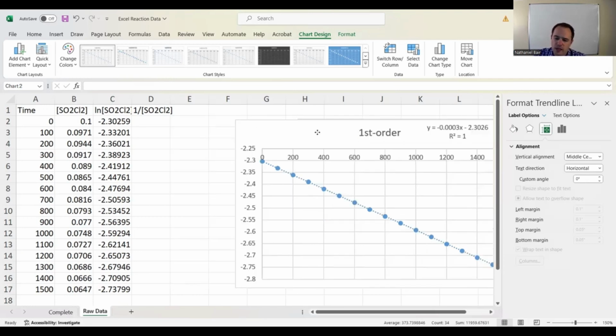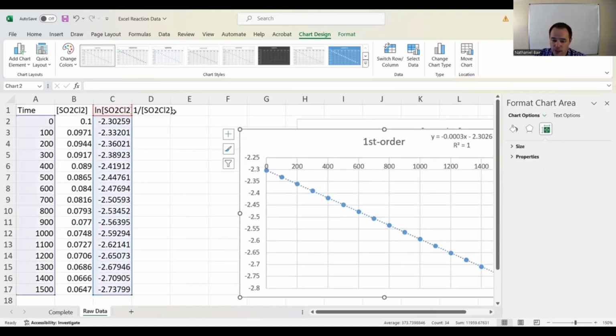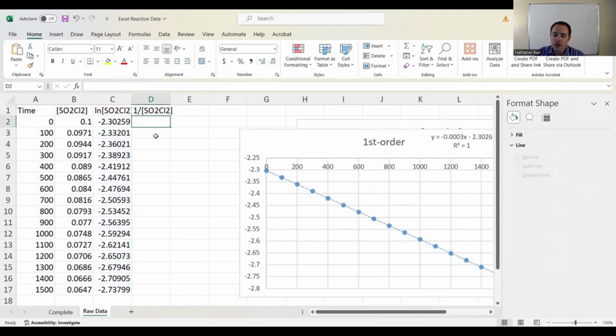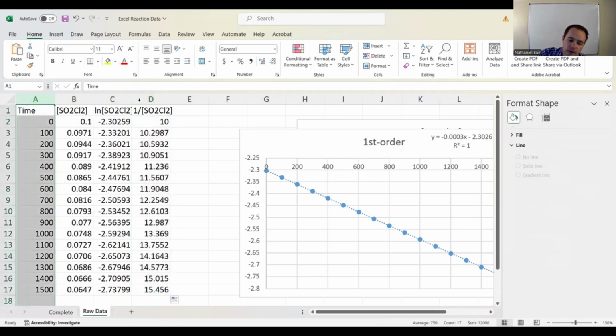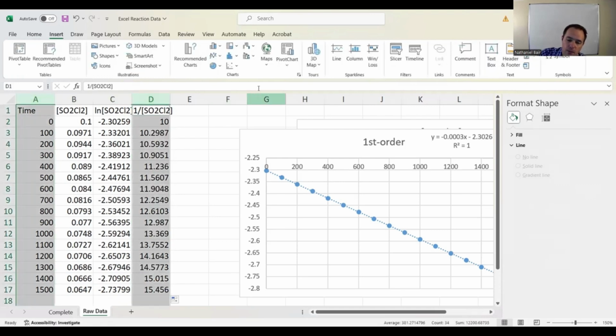Just for completeness' sake, just in case there's a better fit for second order, let's check the second order. For second order, we need to do 1 divided by all these concentrations, right? So we can make Excel do that. Equals 1 divided by these concentrations. Hit enter, fill down, and then select, insert, XY scatter graph.